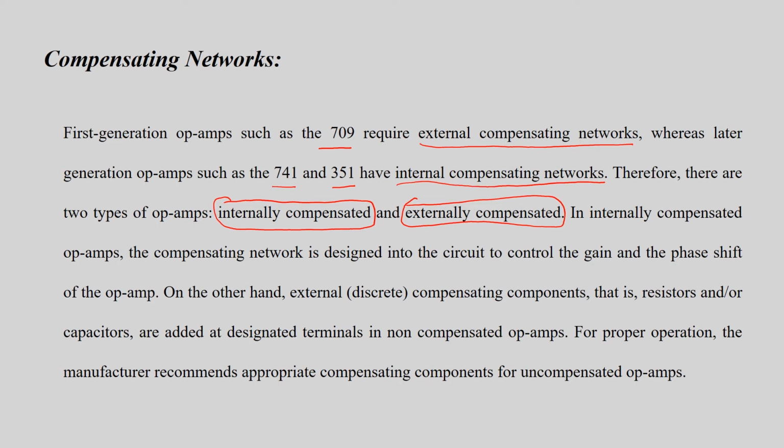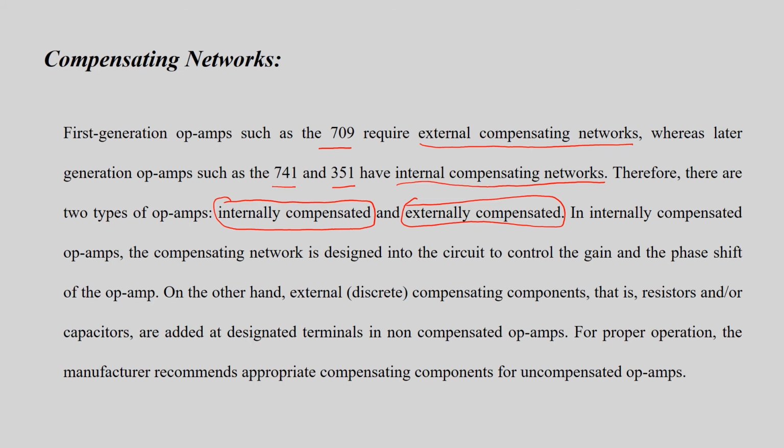In internally compensated OpAmps, the compensating network is designed into the circuit to control the gain and the phase shift of the OpAmp.